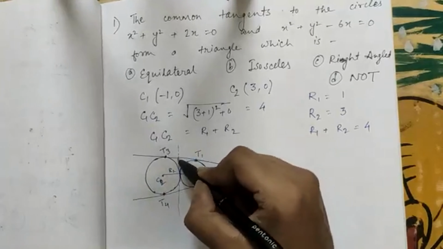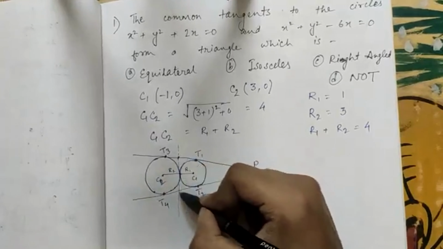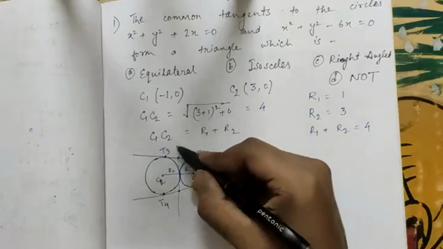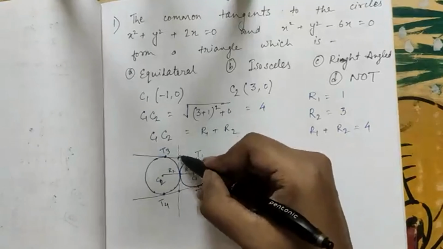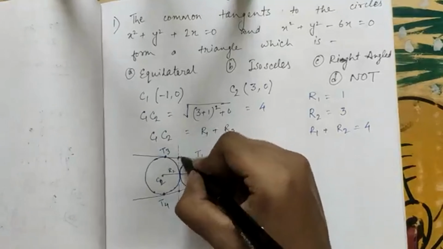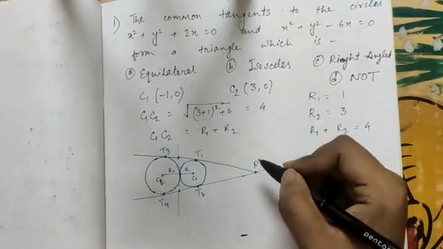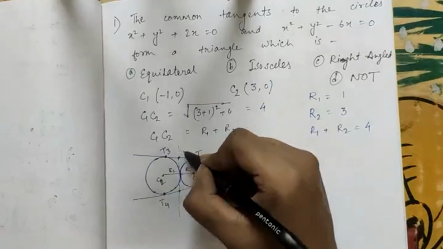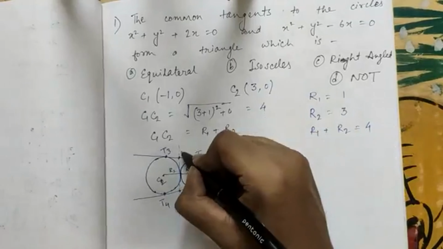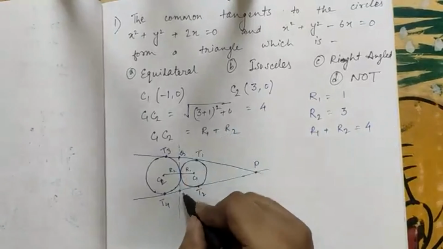Let me call the intersection points of these two tangents with the first tangent, that is the common tangent, since all 3 are actually common tangents, Q and R. So this point is Q and this point is R.